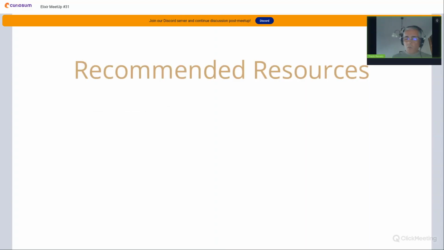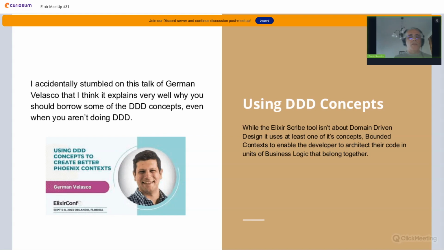I will recommend one resource that is very good to help us with splitting the domains and optionally subdomains when grouping the resources. This talk from German is about using the DDD concept, domain-driven design, in writing Phoenix contexts. You can also apply this to the Elixir Scribe tool when you want to understand how to split your code by domains.